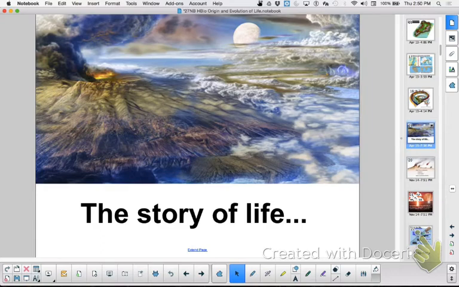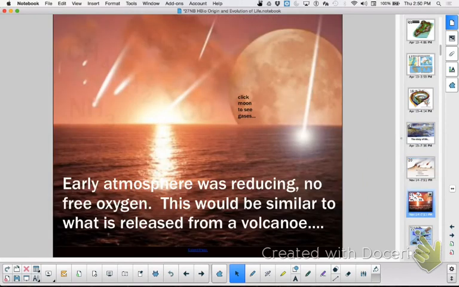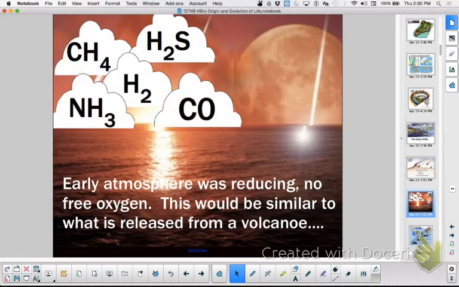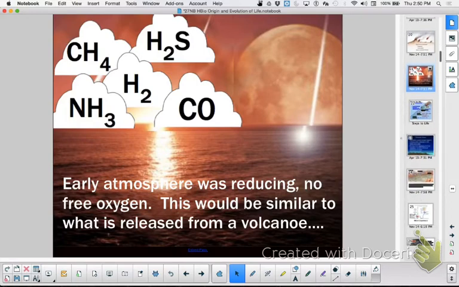What do you call a non-oxygen environment? Starts with an R. Not oxidized, but reduced. It's a reducing environment. No free oxygen. The gases that came out were like gases out of a volcano, and no free oxygen, which is good because it was conducive to building.